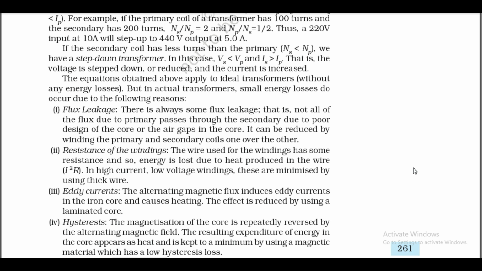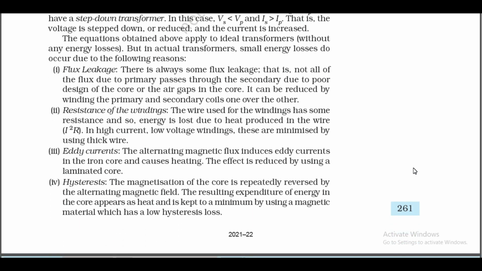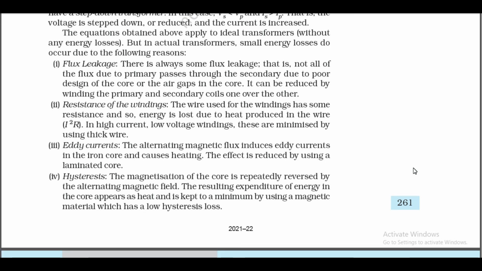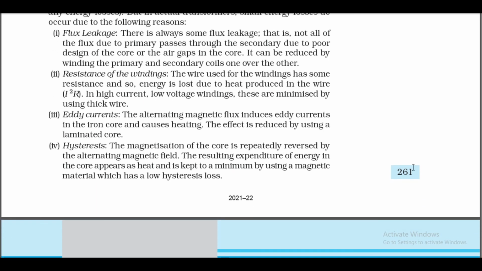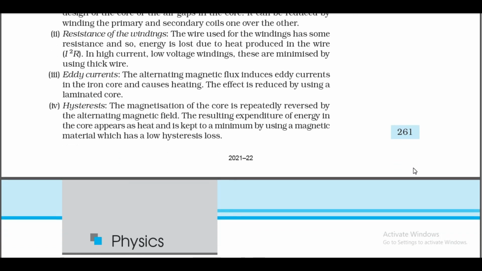Second, resistance of windings. The wire used for the winding has some resistance and so energy is lost due to heat produced in the wire, I2R, in high current, low voltage windings. These are minimized by using thick wire. Third, eddy currents. The alternating magnetic flux induces eddy currents in the iron core and causes heating.